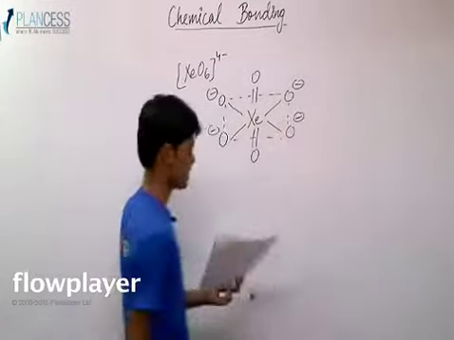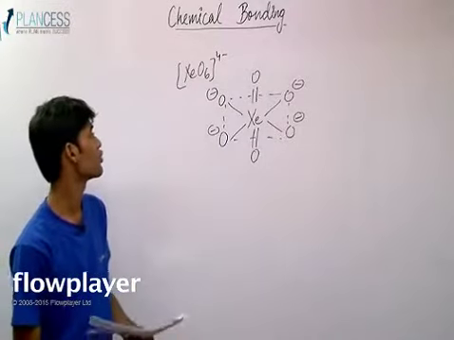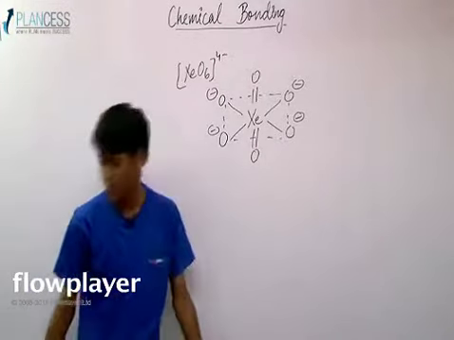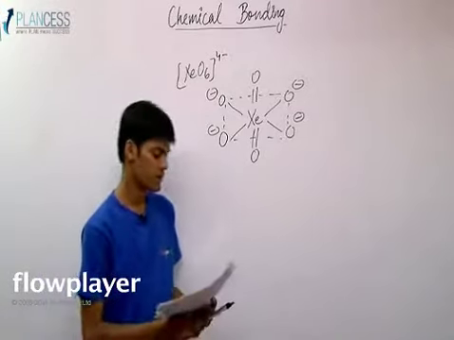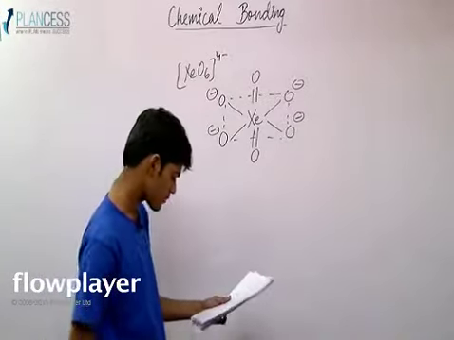This is the structure for XeO6 4-: no lone pair, 6 bond pairs, sp3d2 hybridization, square bipyramidal in shape.